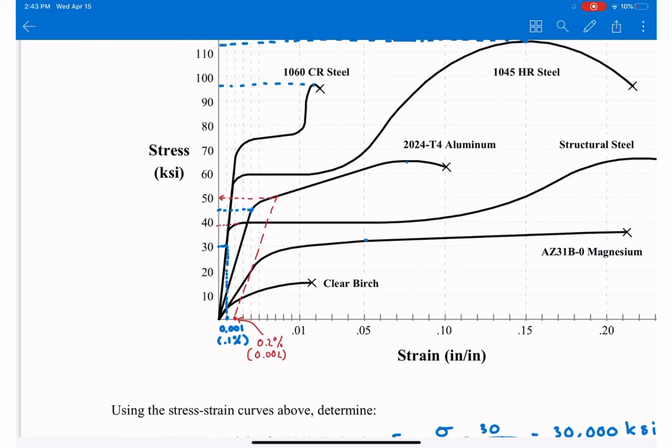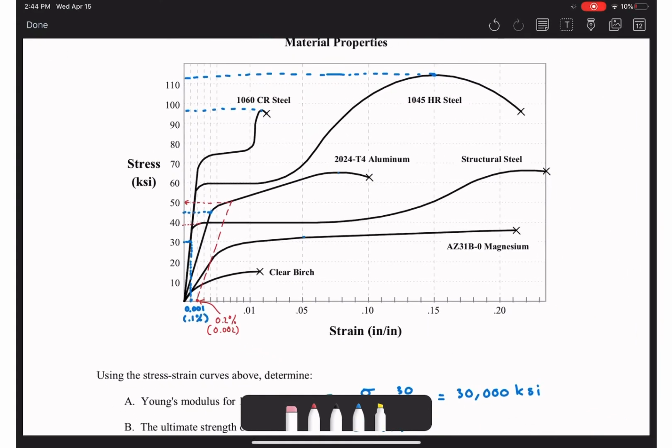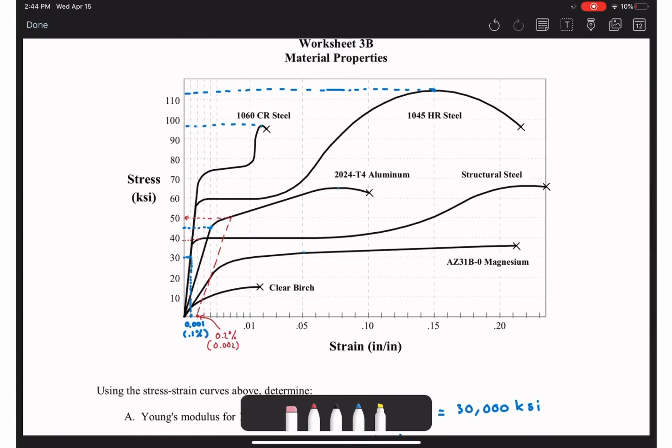The elastic portion, you can see, they are all on the same line up to the proportional limit, but look at the areas here. The height of the 1060 steel goes up the largest, almost 70 there. So the area under that curve is the biggest compared to 1045 HR steel and structural steel.